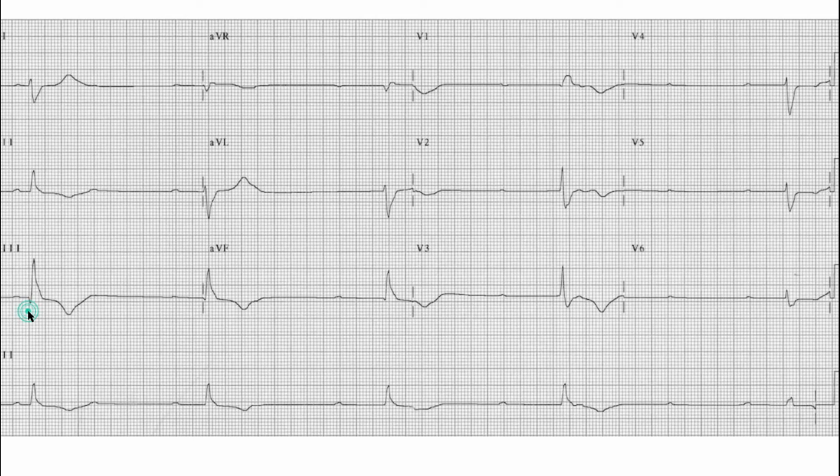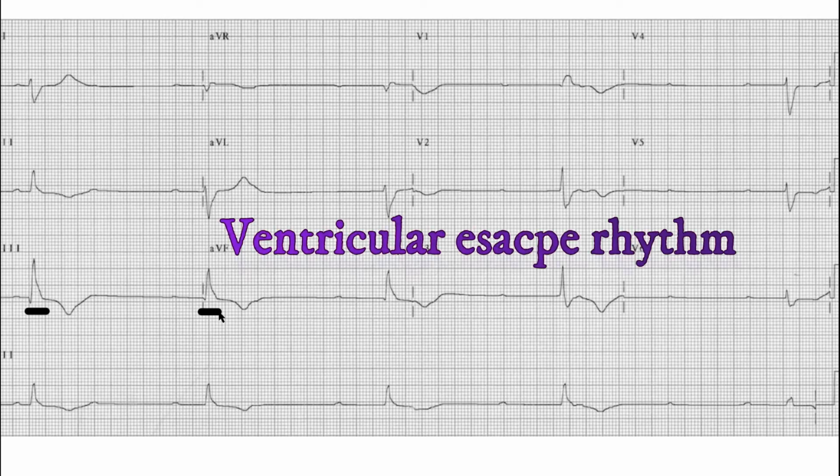Here you can see that the duration of QRS complexes is prolonged. In case of junctional rhythm, the duration of the QRS complex is less than 3 small squares, while here you can see that the duration of the QRS complex is clearly more than 3 small squares. So this is most likely a ventricular escape rhythm.